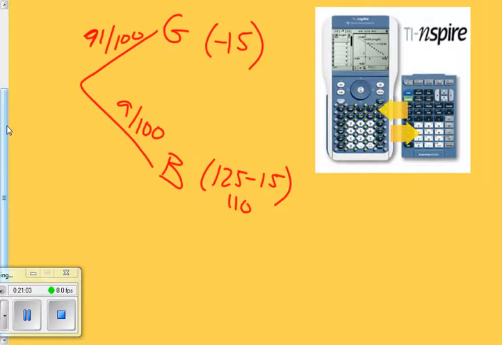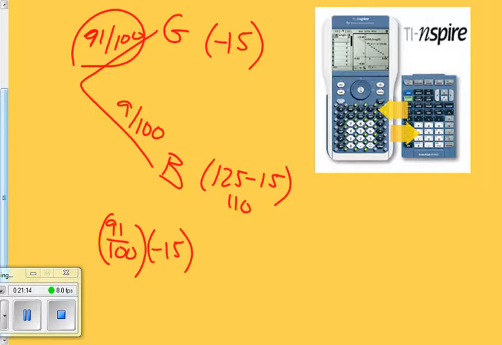So if we want to figure out the expected value, we'd say 91 out of 100, our probability for it being good, times our $15, added to 9 out of 100 times 110.